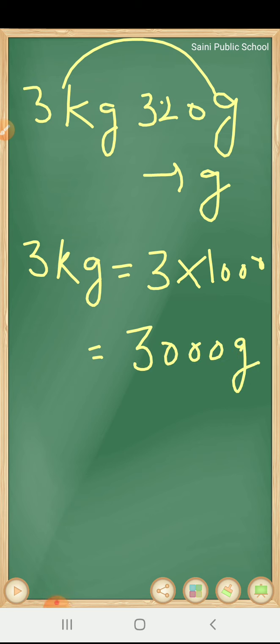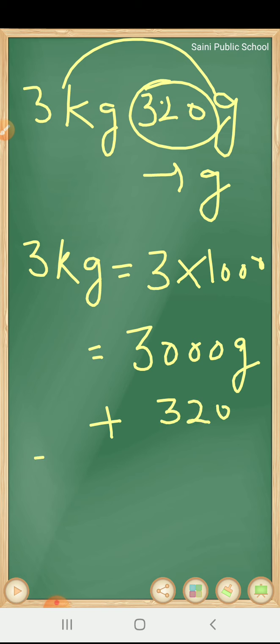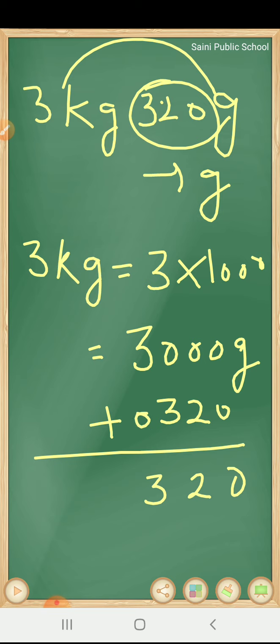Now 320 is already given to us, so we will add these 320 to this 3000 gram. 0 plus 0, 0. 0 plus 2, 2. 0 plus 3, 3. And again you can write here 0. 3 plus 0, 3. So the answer is 3320 gram.